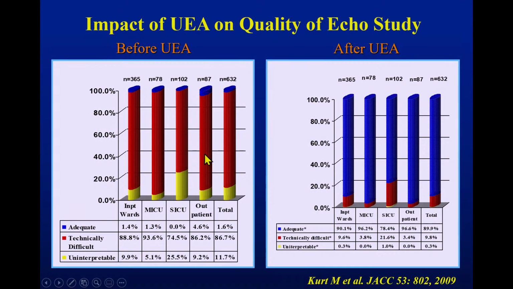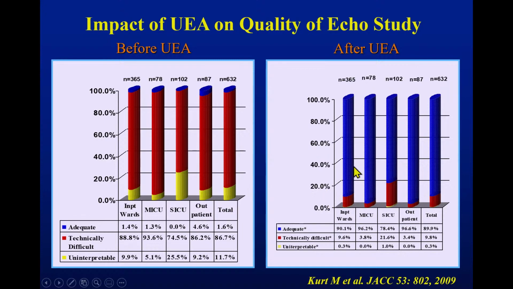By definition, we wanted these studies to be inadequate, so it was reinterpreted. The vast majority were technically difficult to start with from an interpretation of regional and global function, and some of them were truly uninterpretable. In the inpatient ward and the surgical intensive care unit, about 20% were completely uninterpretable, and the others were obviously of a lesser degree.